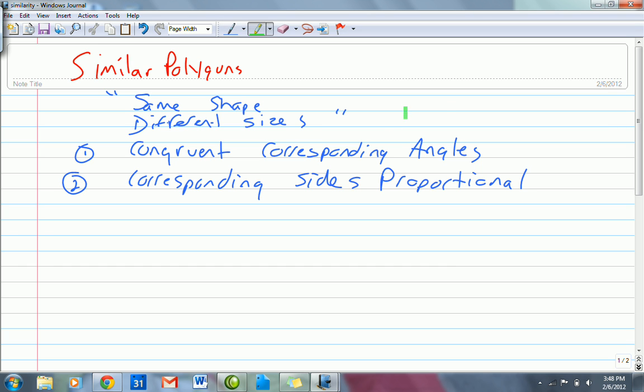Here's an intuitive understanding: same shape but different size, which means that essentially their angles are congruent and the sides are proportional. Okay, so let's look at an example.